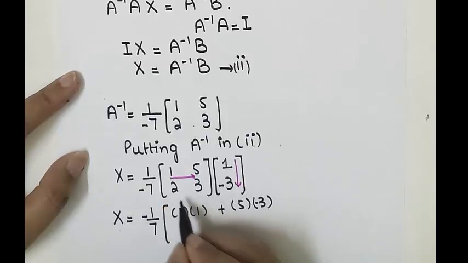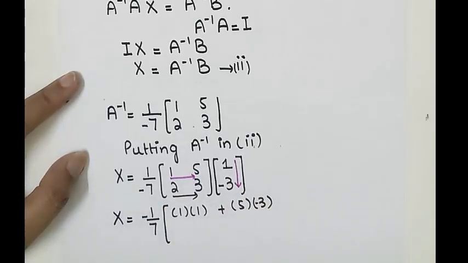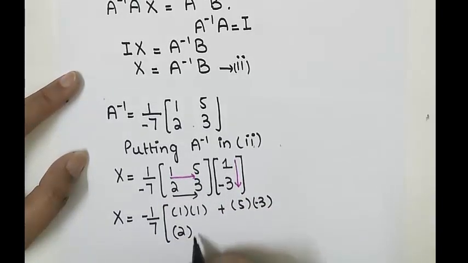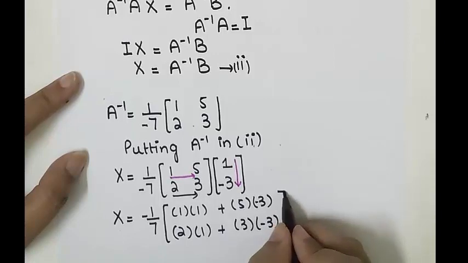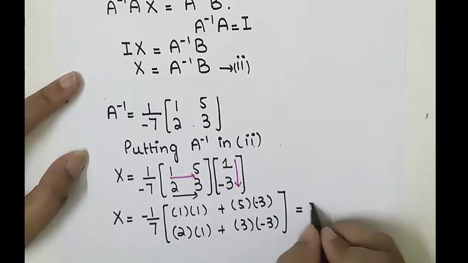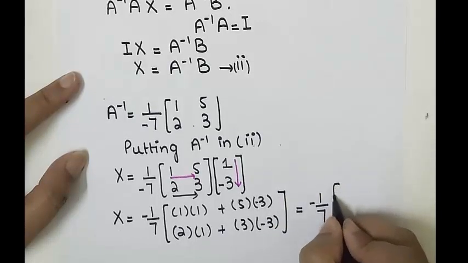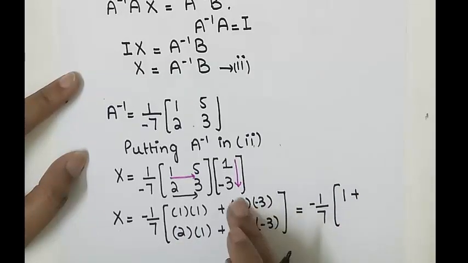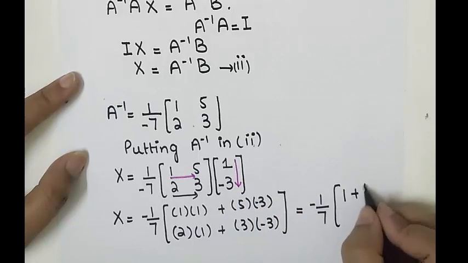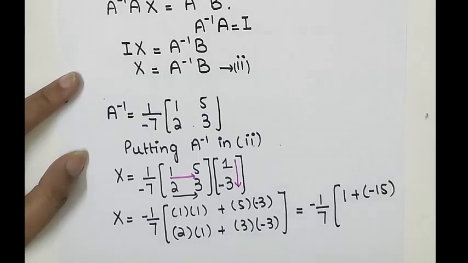Now we will multiply the second row with this column, and we have 2 into 1 plus 3 into minus 3. This is equal to minus 1 over 7 times: 1 times 1 plus 5 times minus 3 is minus 15.